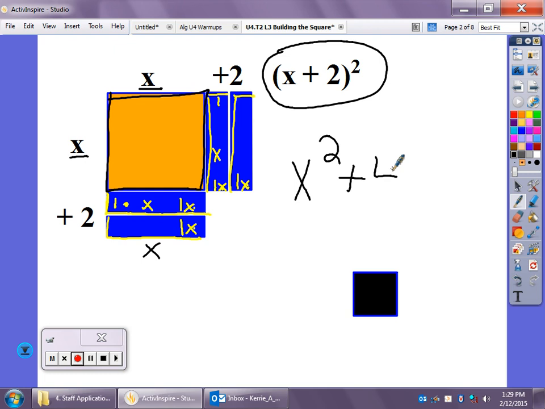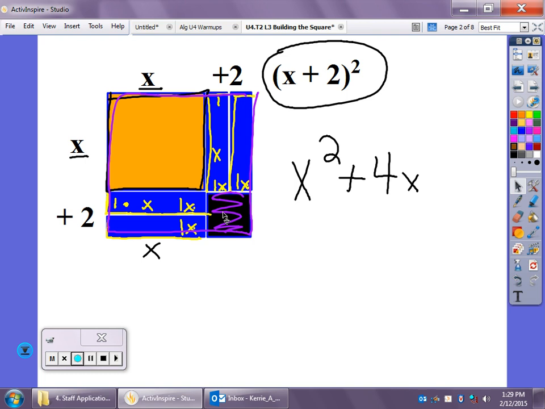So plus 4x. To make one whole square, I need to fill in this piece here, and I'm going to fill it in with a square. The length of this, because it's a rectangle, we know that this was 1, so this is also 1, and then another 1, making this a length of 2.